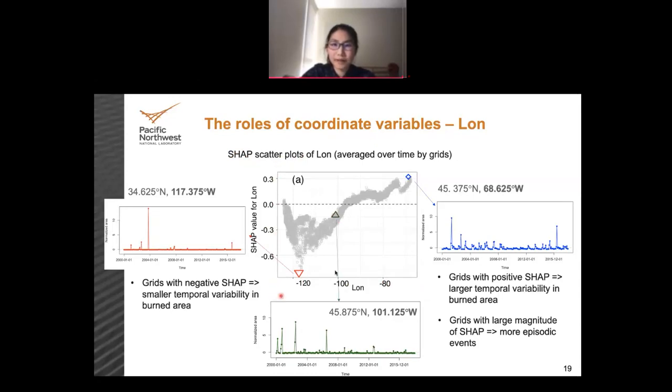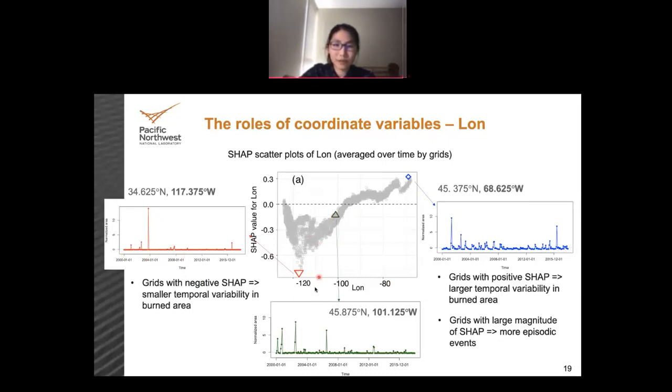And we pick 3 grids from east to west with positive and negative SHAP values. We found that the grids with positive SHAP value usually have larger temporal variability in burn area, while for the grids with negative SHAP value, the temporal variability is smaller.